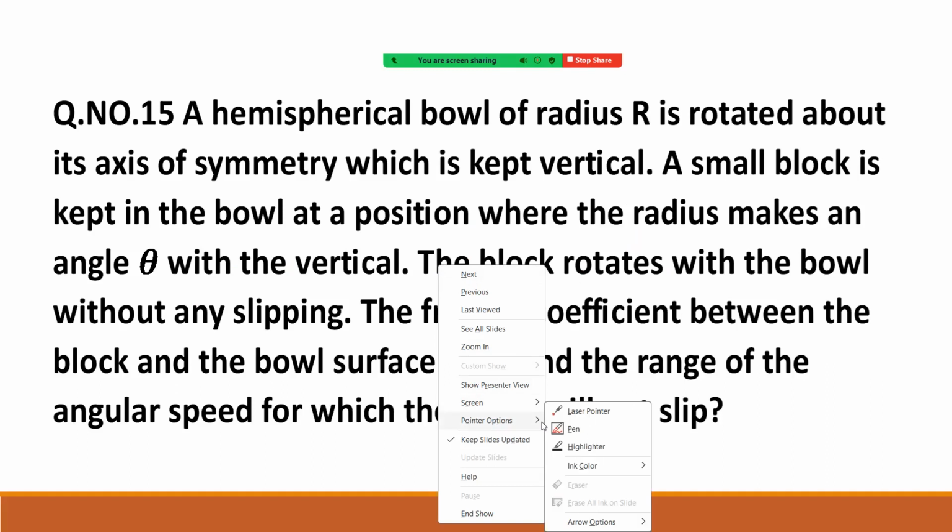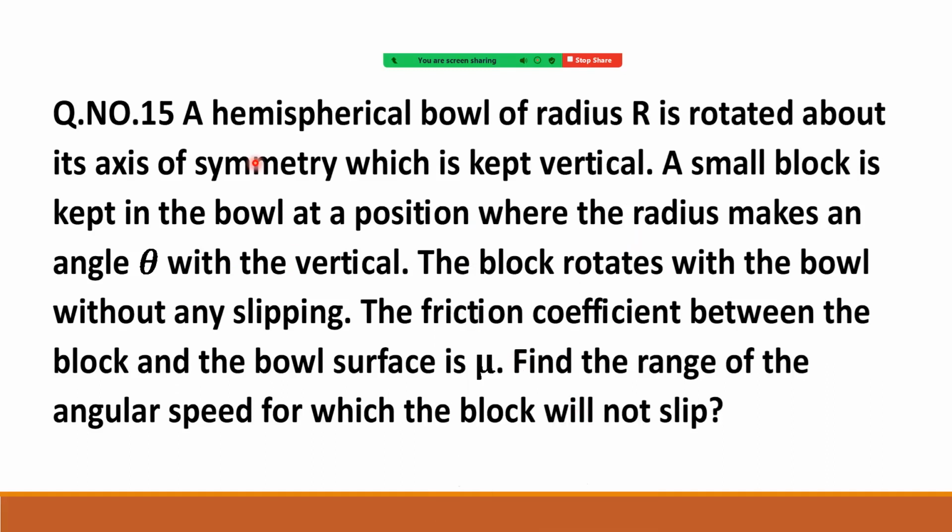See, what is the question given. A hemispherical bowl of radius r is rotated about its axis of symmetry, which is kept vertical. A small block is kept in the bowl at a position where the radius makes an angle theta with the vertical.